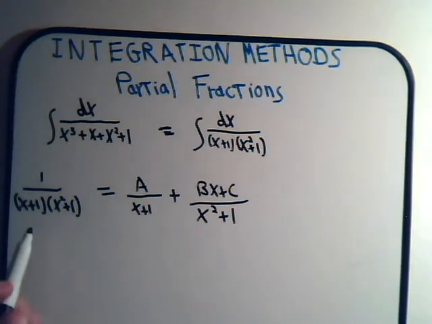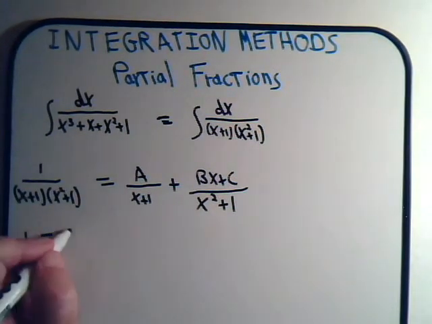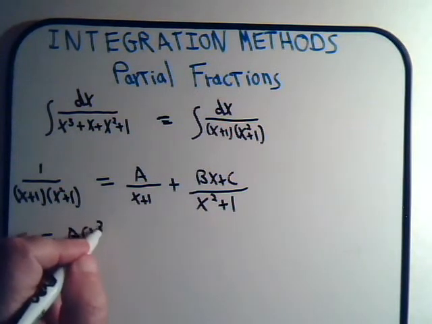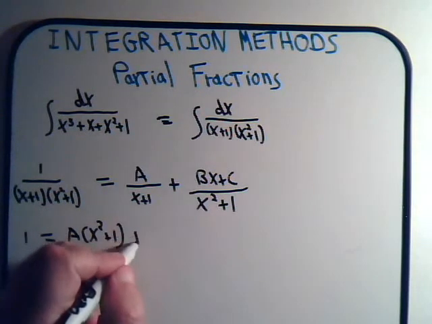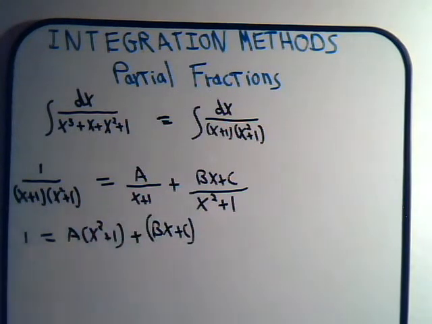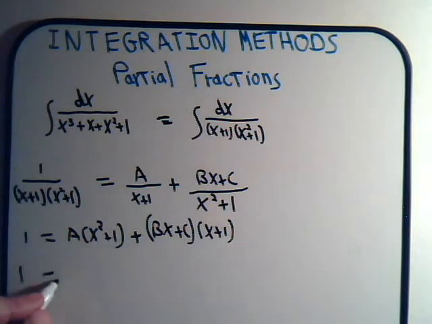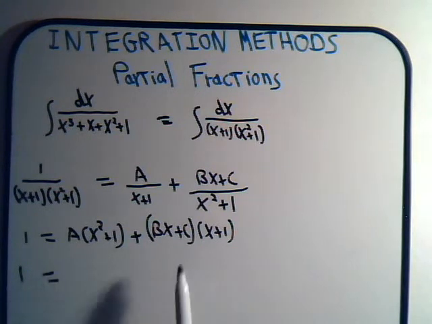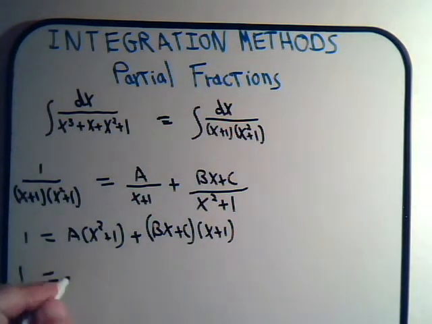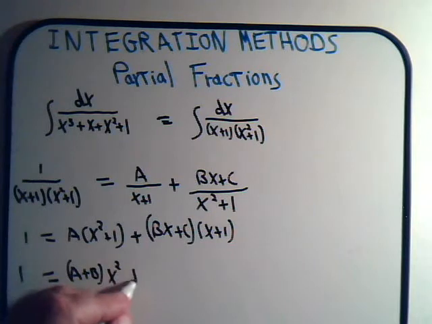Okay, so let's multiply across, and we're going to have 1 equals A times x squared plus 1 plus Bx plus C being multiplied by x plus 1. Looking at like terms, we have x squared here, and we have an x squared here, so we'll have A plus B times x squared.